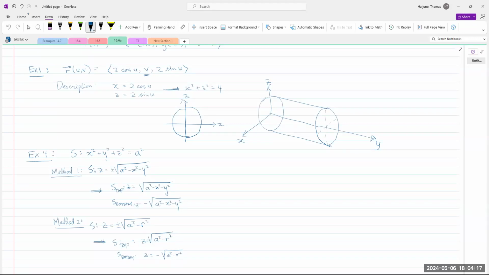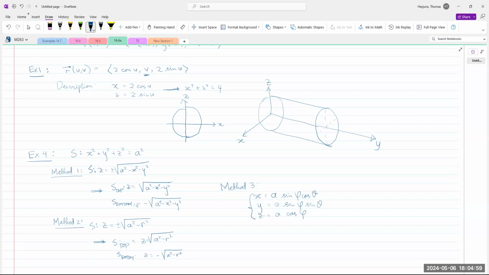Okay, now method 3, it seems to be complicated, right? But it turns out that we can perfectly get the sphere by using the spherical coordinate system to describe that. We set x equals a sine phi cosine theta, y equals a sine phi sine theta, and z is a cosine phi.